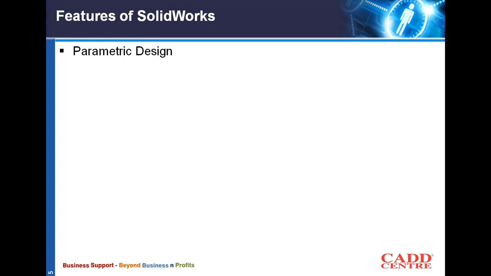The next feature is parametric design, which is the most required skill for every mechanical engineer who works in a company. What is the meaning of parametric? Parametric is nothing but a model driven by variable dimensions.